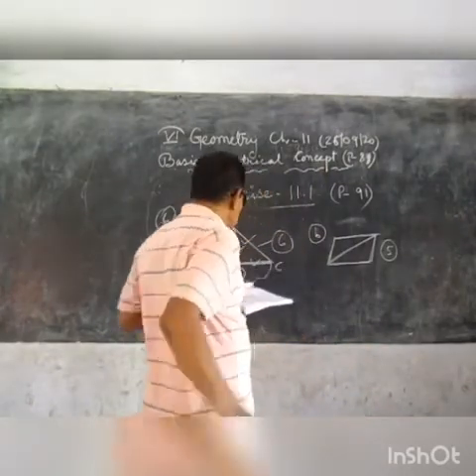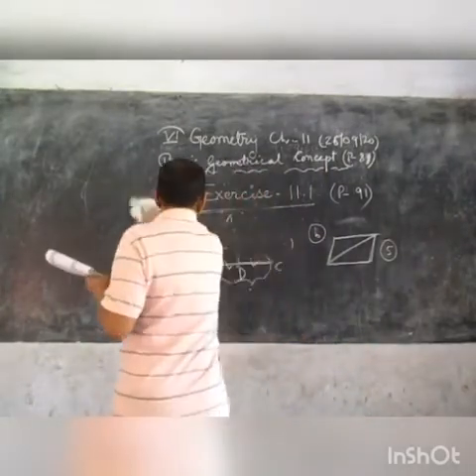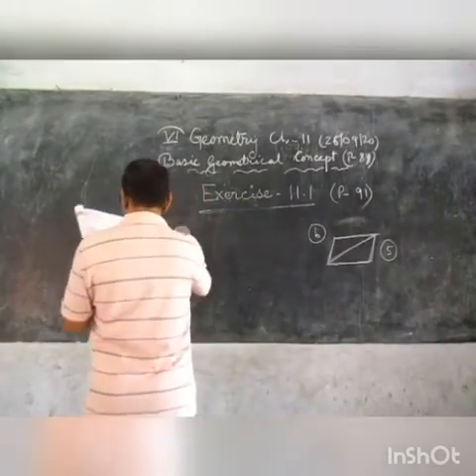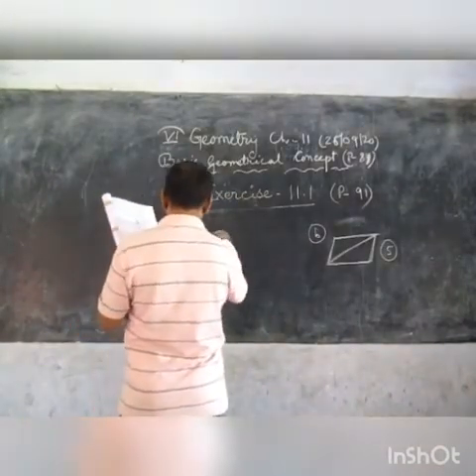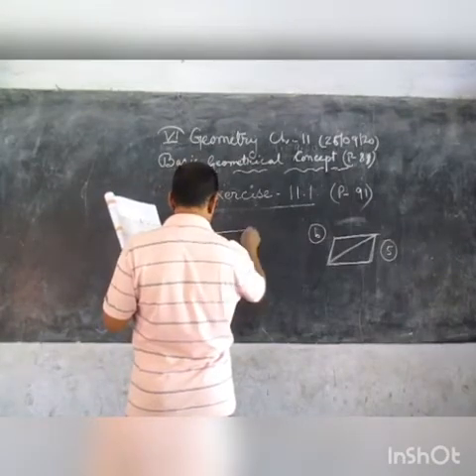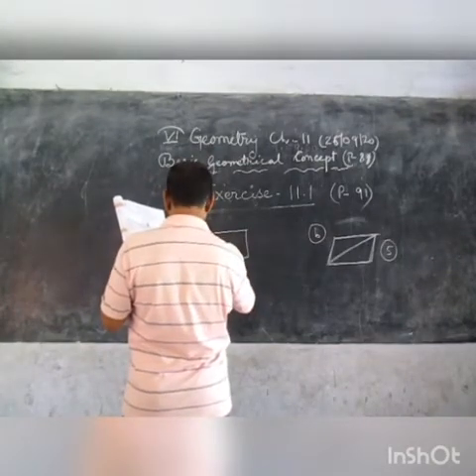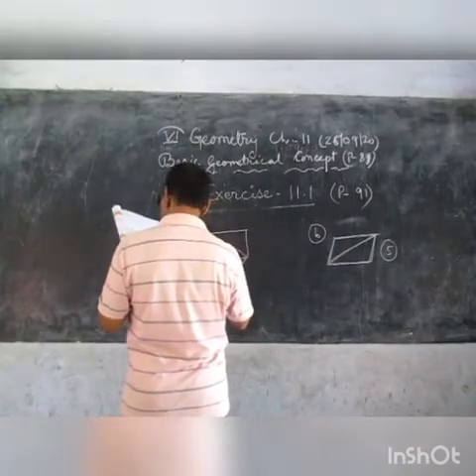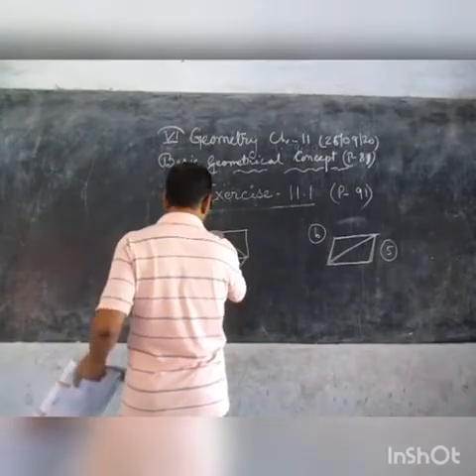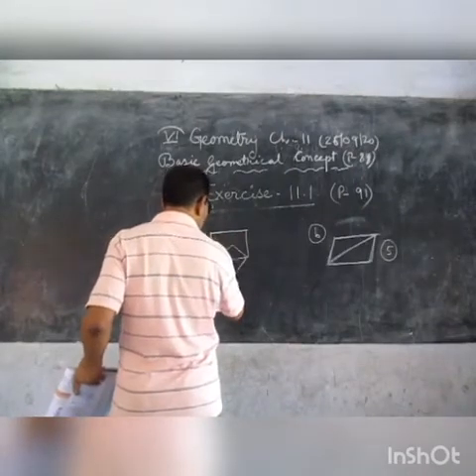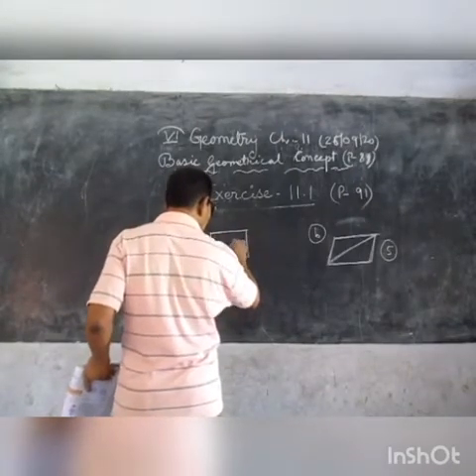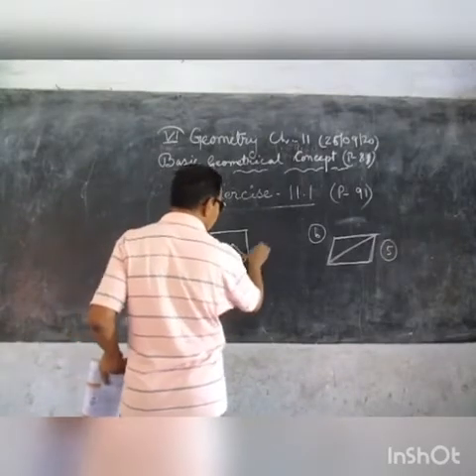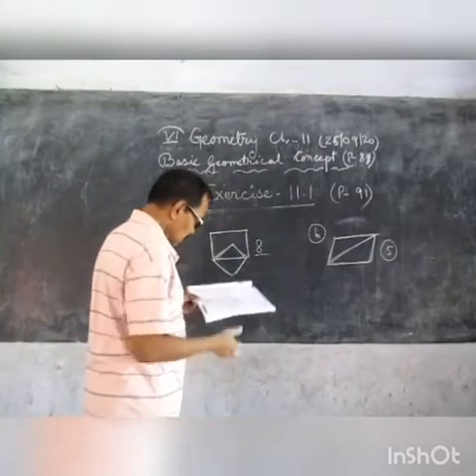Then another one, number C. 1, 2, 3, 4, 5, 6, 7, 8. 8 line segments are there.